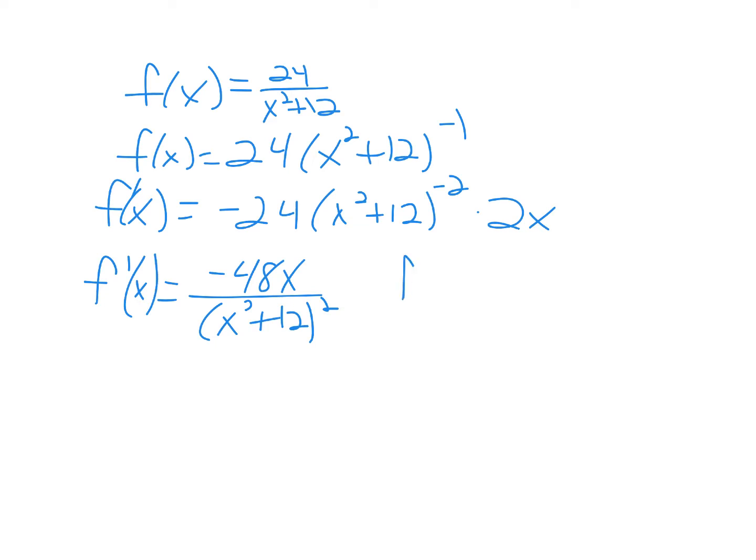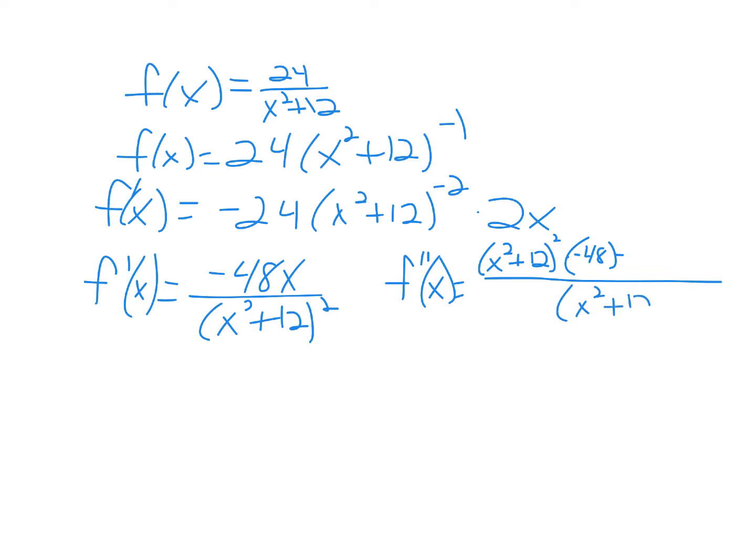That's going to be x squared plus 12 squared times negative 48, minus negative 48x times the derivative of the bottom, all over x squared plus 12 to the fourth power, because that's going to square that bottom. And then you're going to get negative 48x times 4x, because of chain rule, times the quantity x squared plus 12.